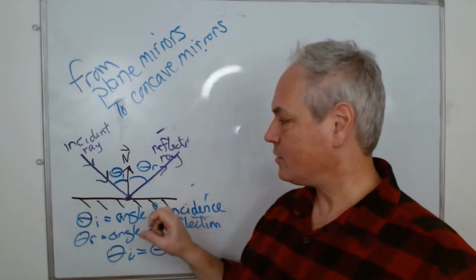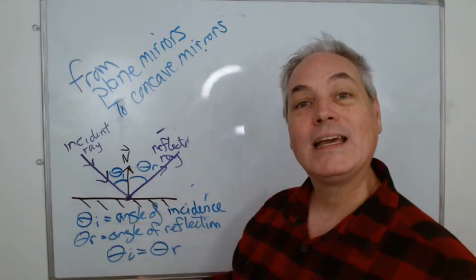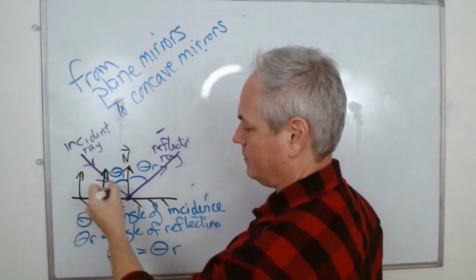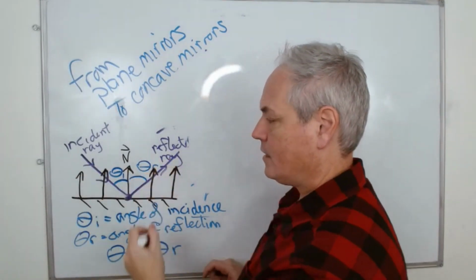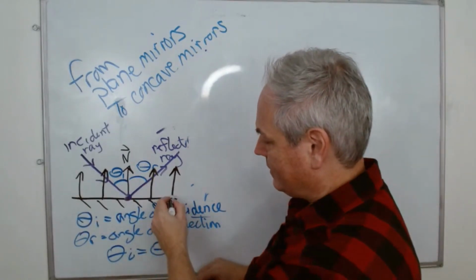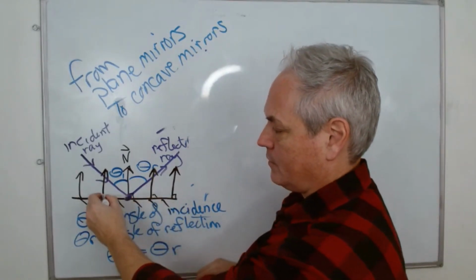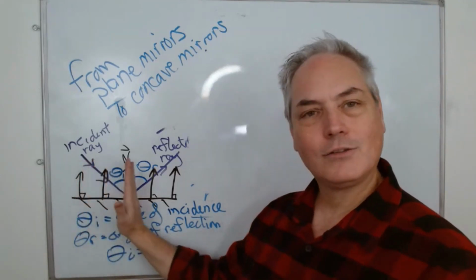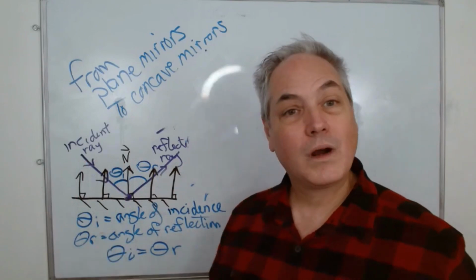If you have a plane mirror, you have here an imaginary normal, but that means that you also have as many normal imaginary lines here, which are all at 90 degrees, and they're all parallel to each other. Why is it important?